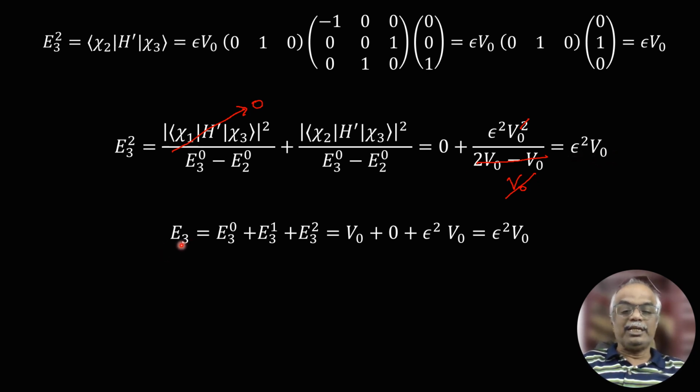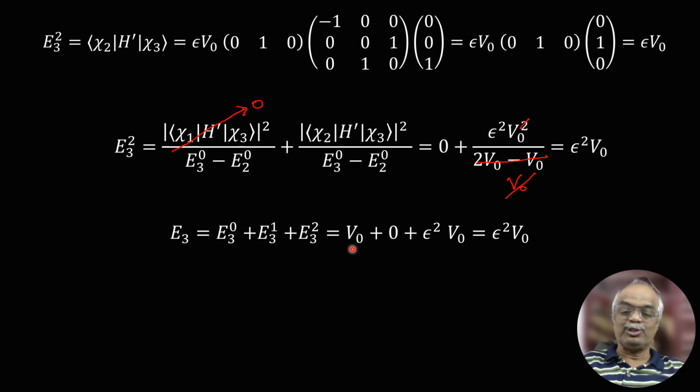So the energy correction in energy level 3 is E3 0, E3 1 and E3 2. E3 0, the unperturbed energy state, is v naught, and the first order perturbed correction, as we have just seen, is equal to 0. Then the third energy state, second order correction is epsilon squared v naught.